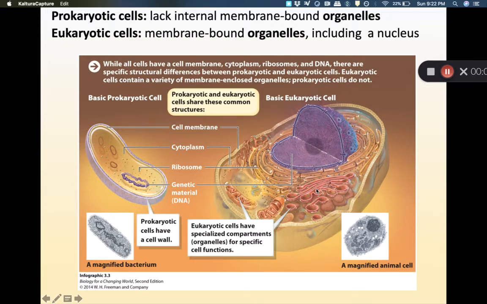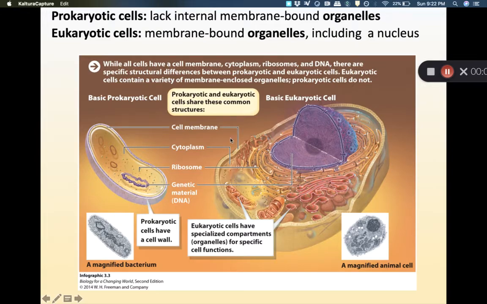The main thing that distinguishes them is the lack of internal membrane-bound organelles in prokaryotes. Also, prokaryotic cells are much smaller than eukaryotic cells. You can see here that prokaryotic cells lack an interior nucleus, endoplasmic reticulum, and mitochondria, but they do have a cell wall.